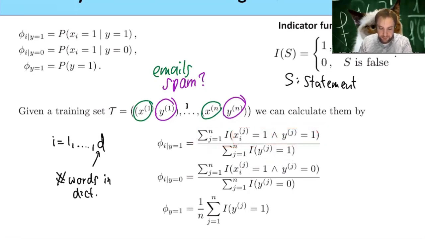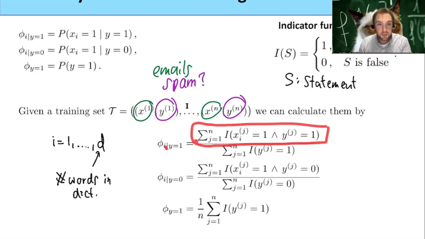Here, each of these emails is a vector, and the xi of this training example j is either 0 or 1, and this says if this word is contained in this email or not. So what we count, for a given i, is the number of spam emails which contain the word xi.